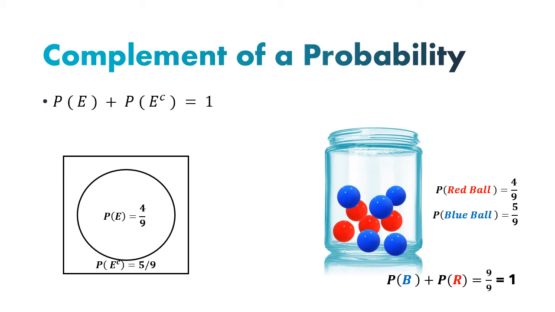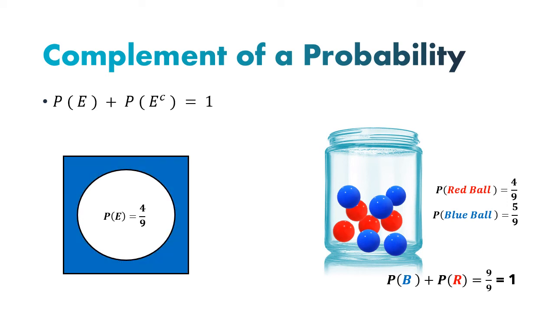So let's consider the probability of the event is 4 over 9, which is the probability of selecting a red ball at random. And the probability of the complement is 5 over 9. So keep in mind, the probability of the event plus probability of the complement of the event is always equal to 1.